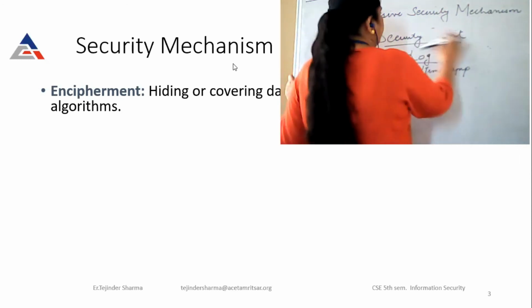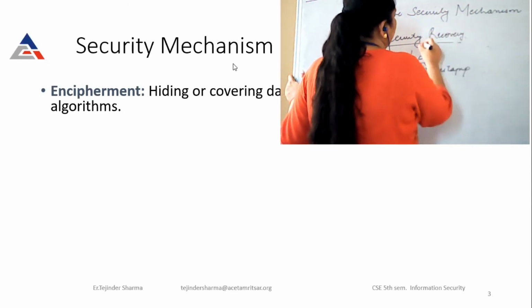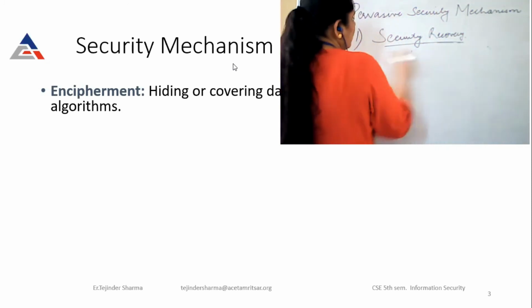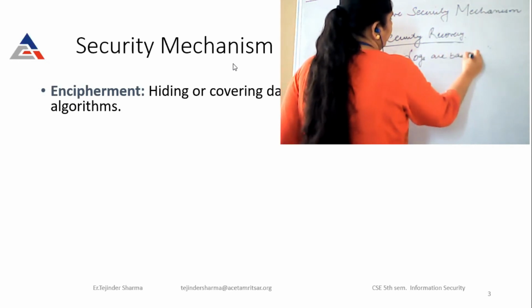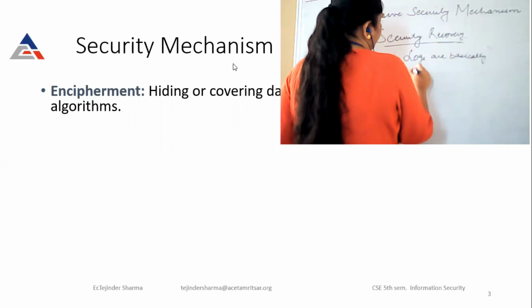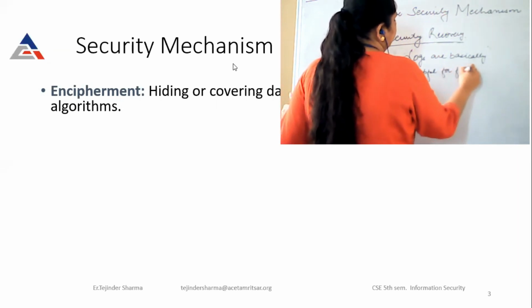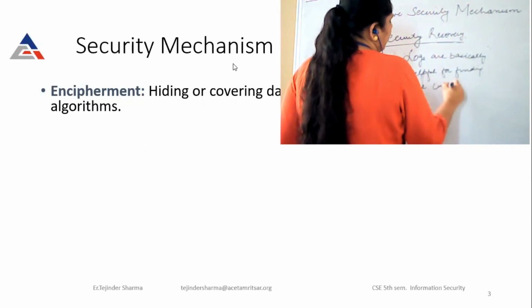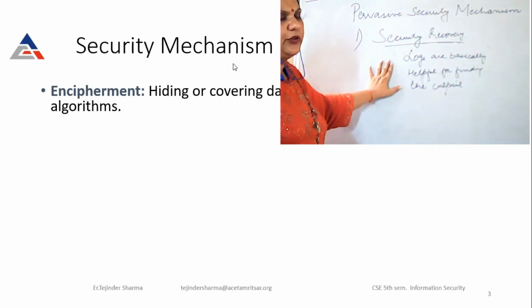There is a security audit recovery. Once your system has been blocked by anyone for any reason, logs are helpful for finding the culprit, who has made the problems, and how to recover from it.